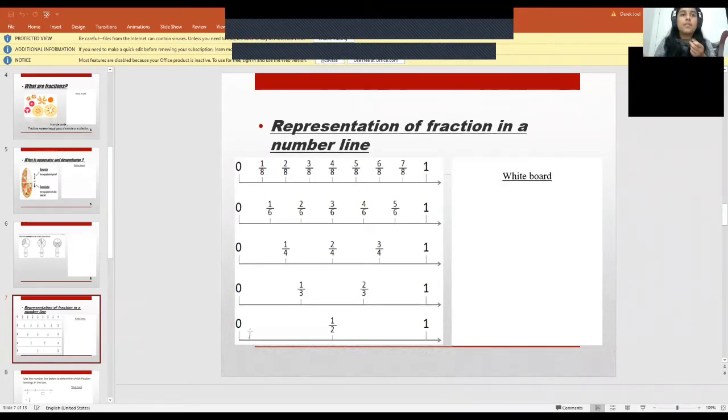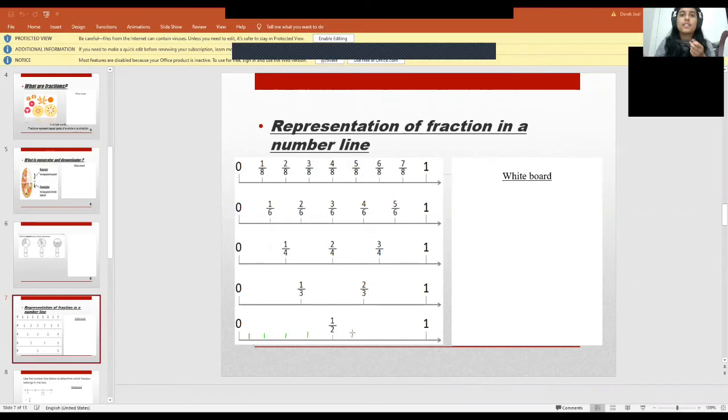So you have, it's not equal length, so you have 1, you have 2, you have 3, and you have 4. Okay, and then you have 5, which is this.